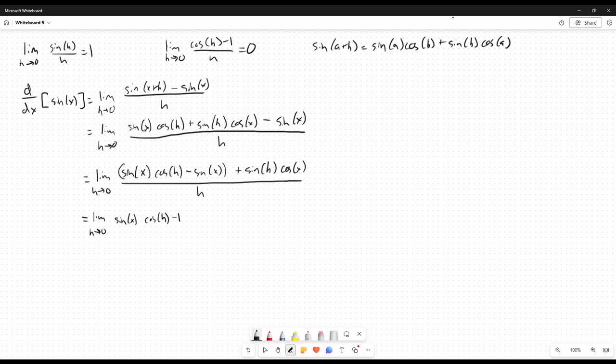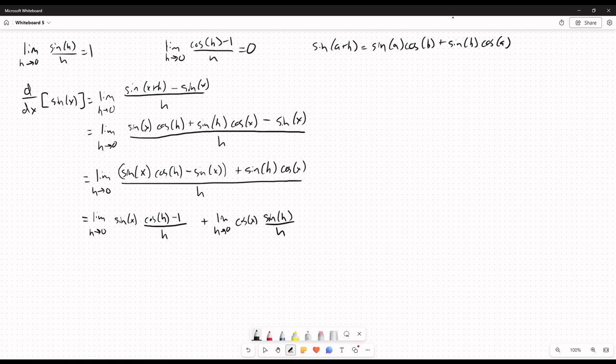When you factor sine of x out, you're just left with a 1. So we'll have sine of x times cosine of h minus 1 over h, plus the limit as h approaches 0 of, I'll pull out the cosine of x and write it out front, cosine of x times sine of h over h.